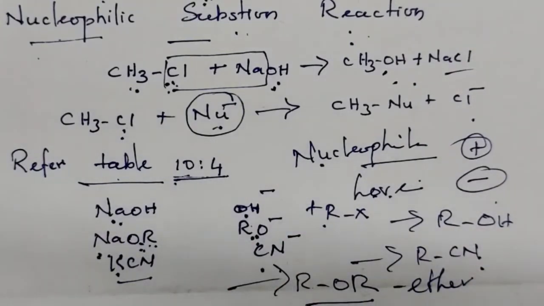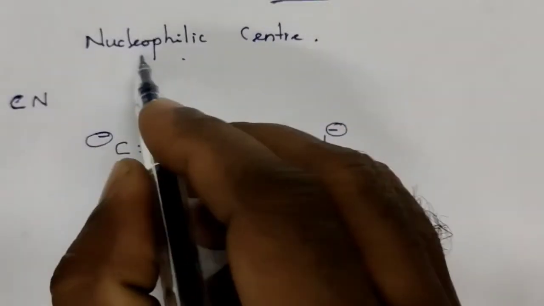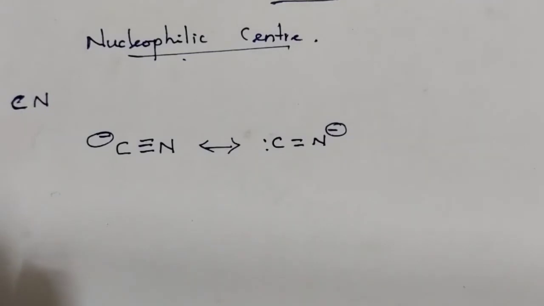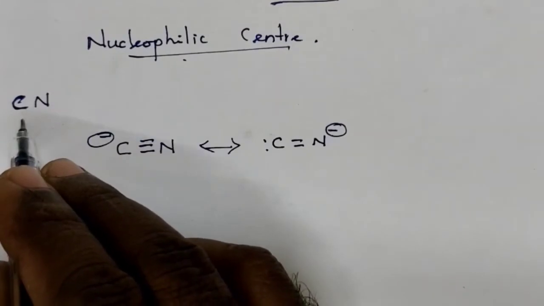What is a nucleophile? A nucleophile is a negatively charged species. All nucleophiles have a nucleophilic center, and with the nucleophilic center it attaches to the substrate molecule. Suppose you take cyanide ion, CN minus.